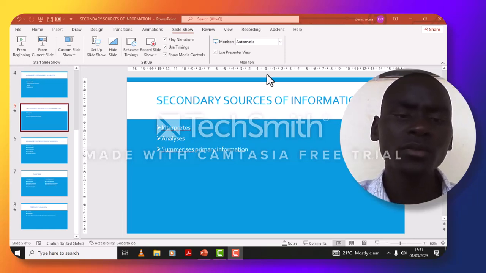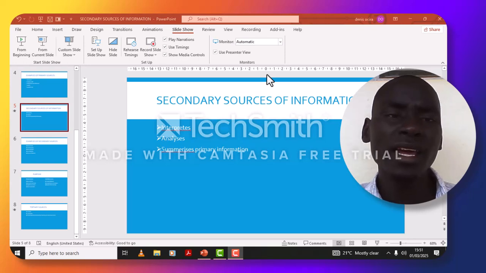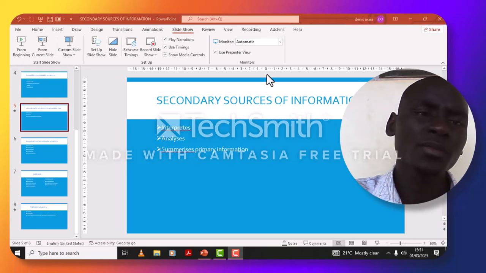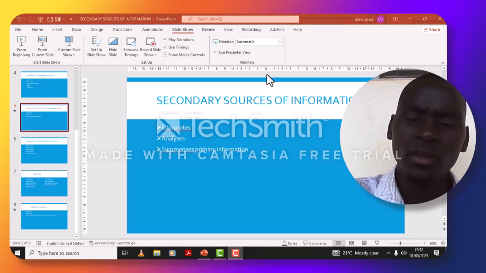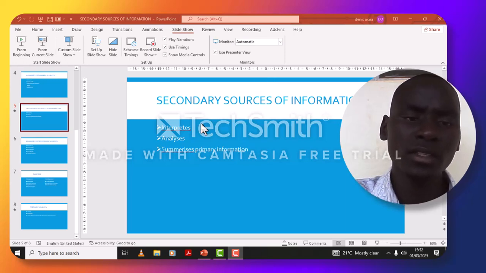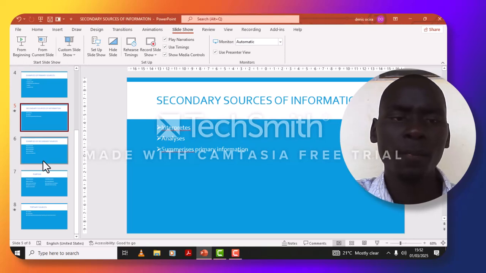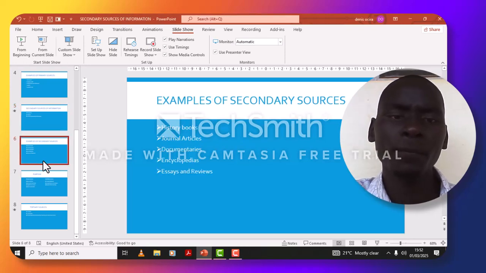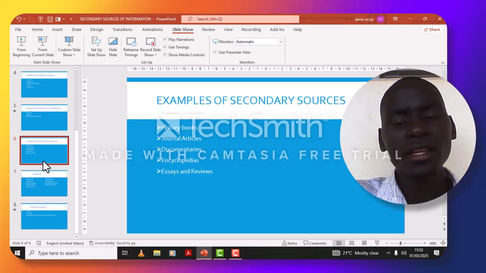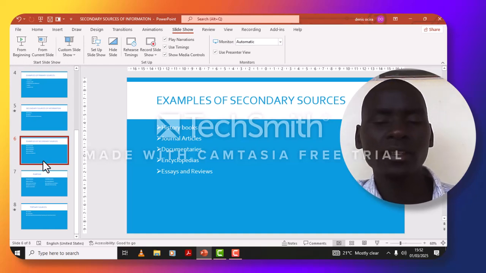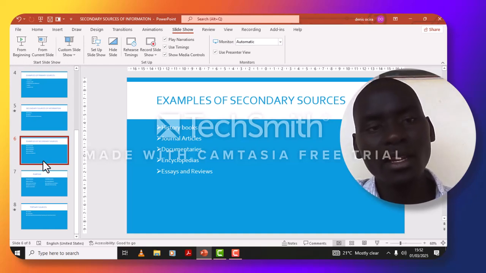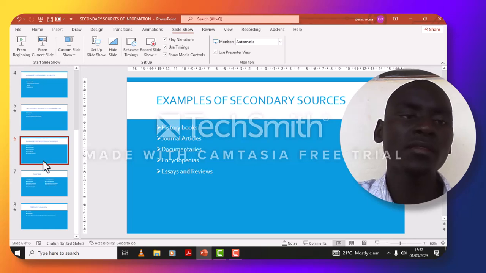Now, what are some of the characteristics of secondary sources? We have interpretation. They are interpretative. Secondary sources involve some level of analysis. They also synthesize, they build up on the primary sources.